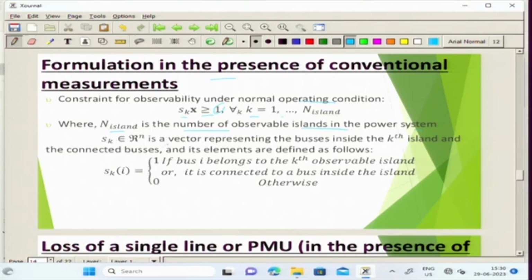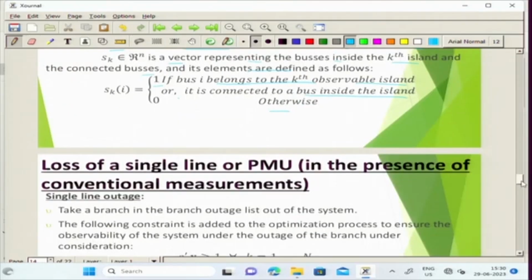Sk is a vector representing the buses inside the kth island and the connected buses, and its elements are defined as follows. Sk(i) is equal to 1 if bus i belongs to the kth observable island or it is connected to a bus inside the island, and 0 otherwise.